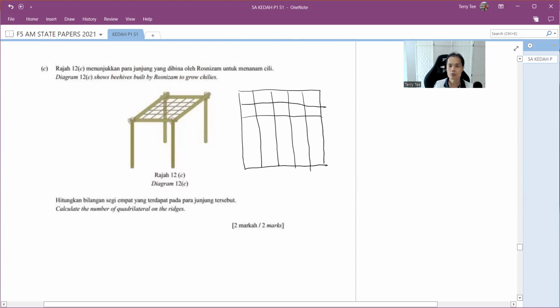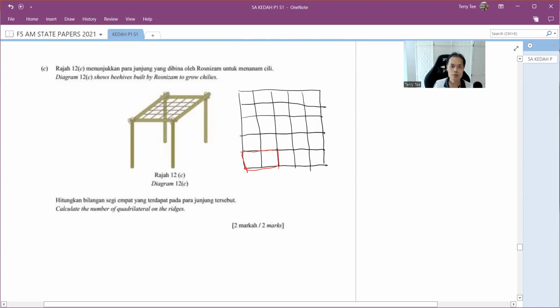Sorry, my line is not very straight. Quadrilateral means it can be a rectangle or a square. First of all, I want you to understand that I can choose this point over here, and let's say this point over here, then I can form a first quadrilateral.